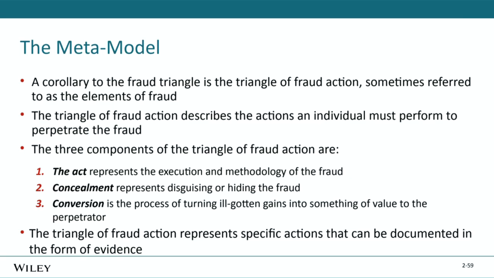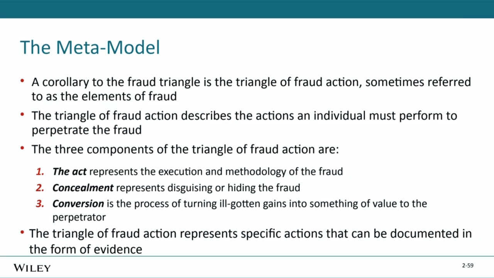The triangle of fraud action describes the actions an individual must perform to perpetrate a fraud. So the fraud triangle shows the elements usually present for someone to commit a fraud. The fraud action triangle is what the person has to do.